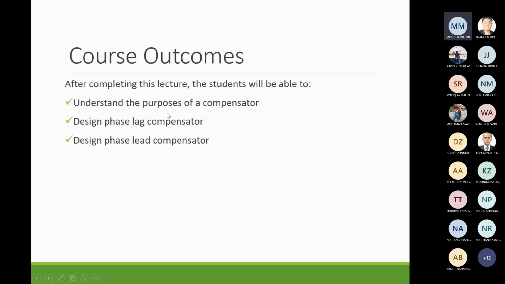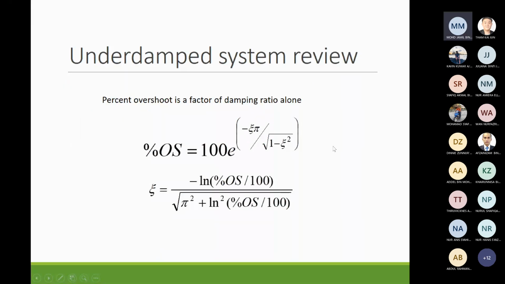So here we have two types of compensator, lag and lead compensator. Before we can go into designing compensator, we need to go back to what we have learned on second order system, the time response of second order system.